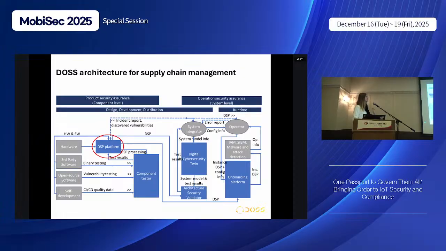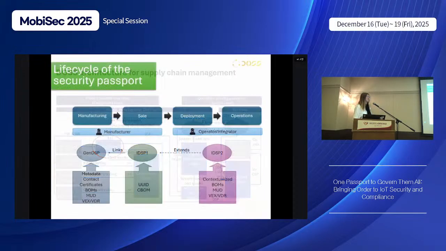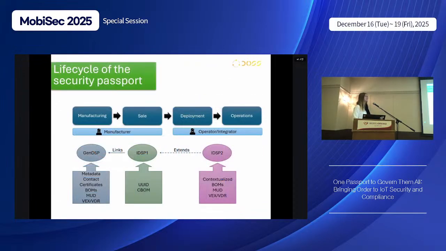Of course, we have put here some authentication and authorization because some of the information contained in the passport is sensitive. In DOS, the passport is not something static, it's something that has its own life cycle. Because, for example, the manufacturer is generating a generic passport.